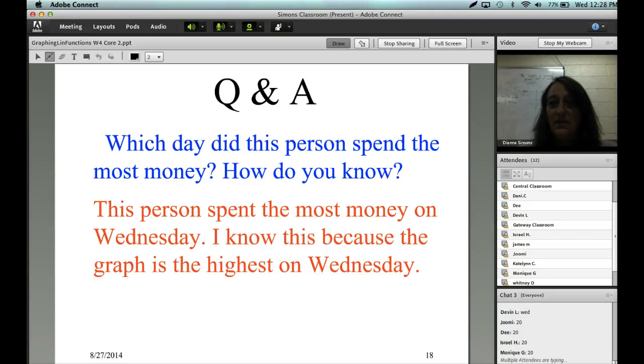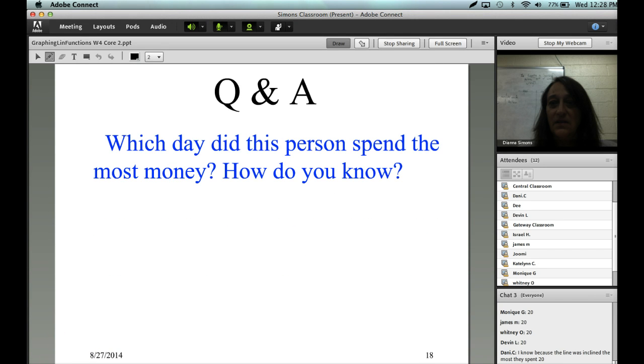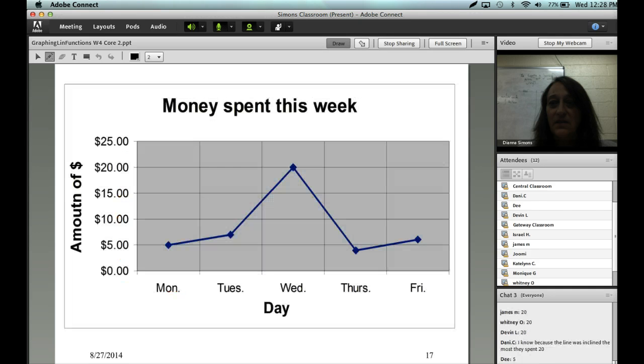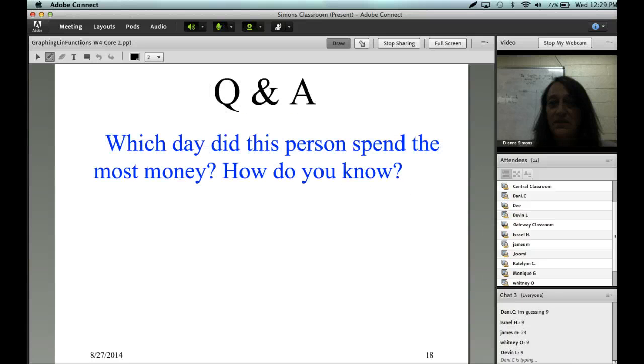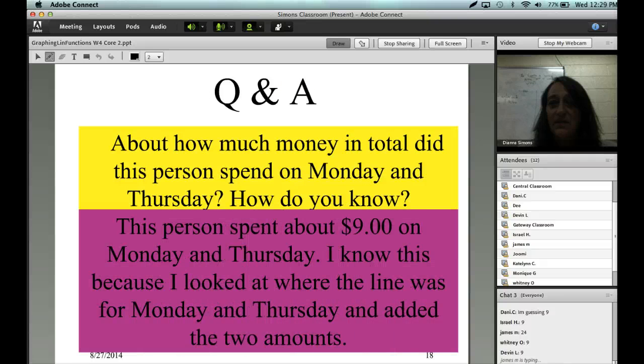It's the highest point on the graph, and you can read how much they spent on the y-axis. Okay, how much money did they spend total on Monday and Thursday? It's going to take me a while to go back, so think about it. Think if you can remember. Whoops, that's craziness. There we go. Monday and Thursday together. Yeah, about $9. Okay, they spent about $9 because you added the 5 on Monday and the 4 on Thursday.